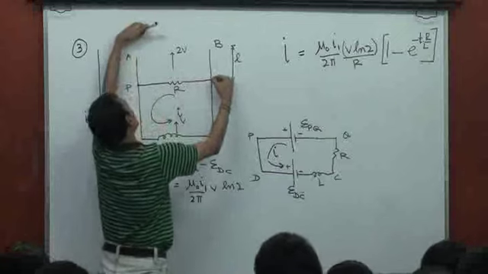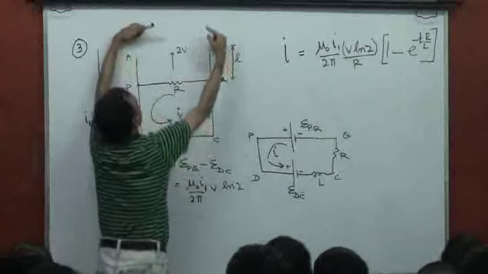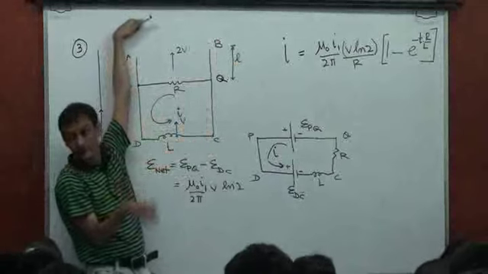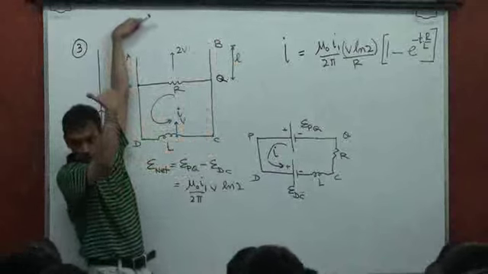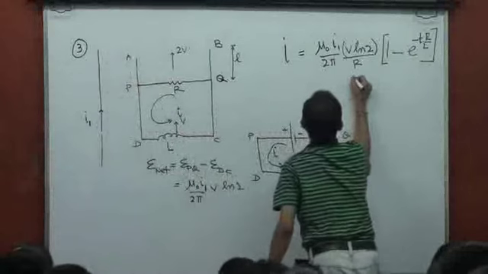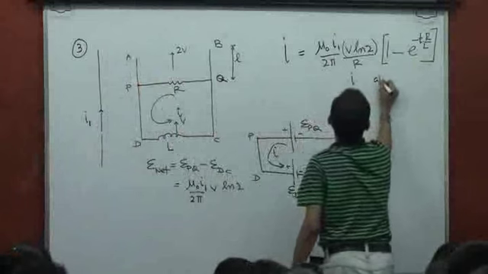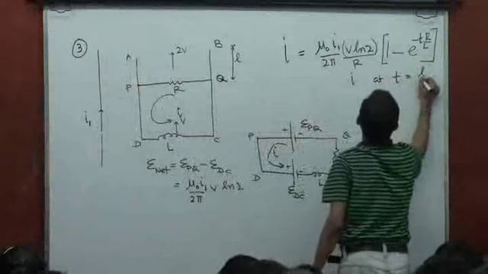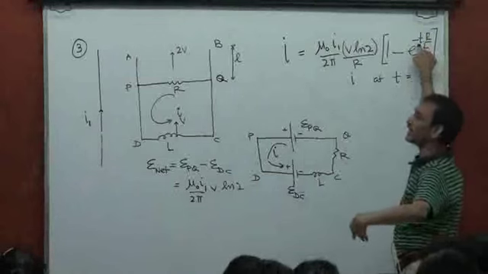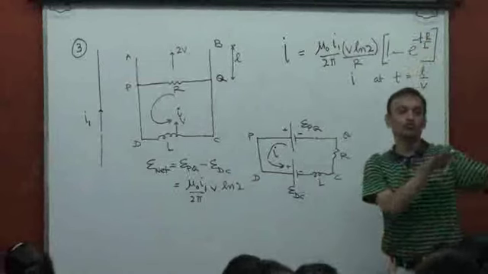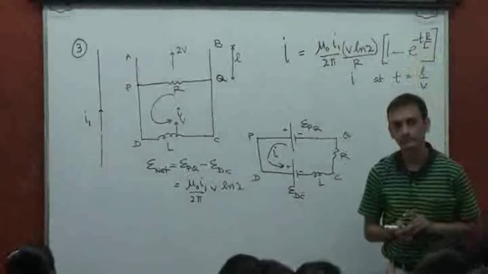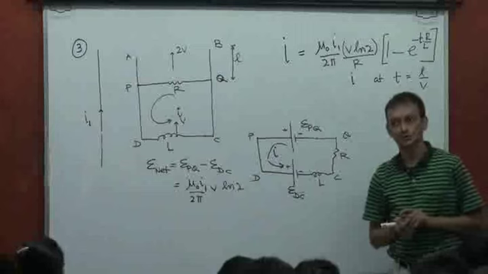So the time it takes for PQ to overshoot AB will be L divided by V. So all that we need is current at time t equal to L by V. So put t equal to small l by V, you will find the current at an instant when PQ flows out of the frame. Clear?